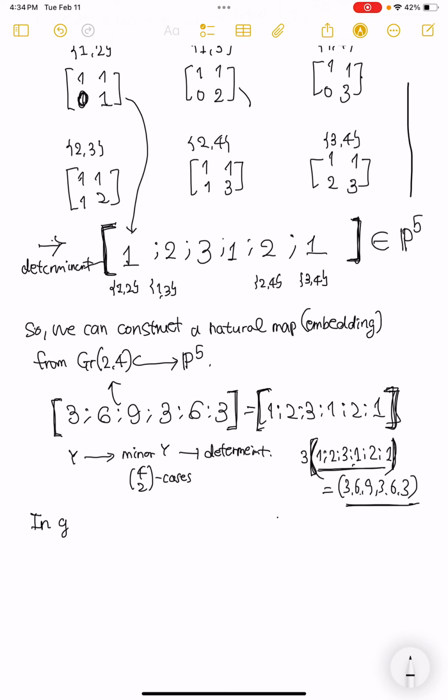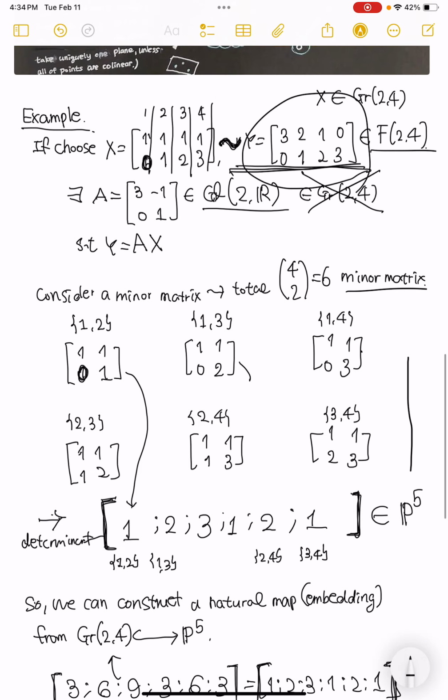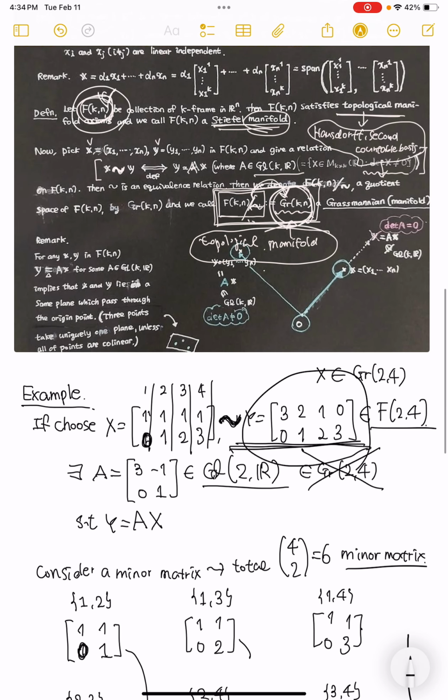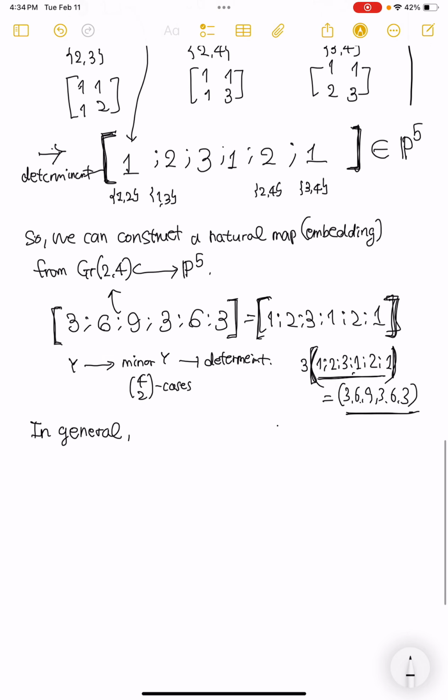In general, we can fix k is 2 and n is 4. We can fix the two natural numbers. In the general case, there exists an embedding from the Grassmannian to projective space of dimension n choose k minus 1.